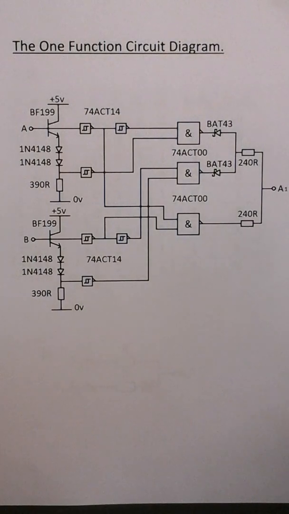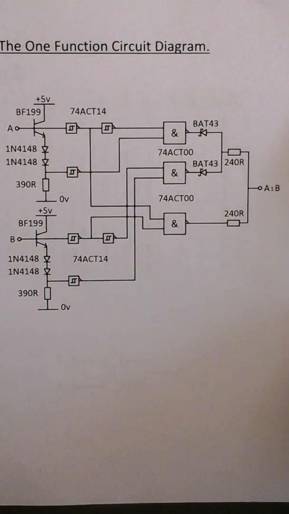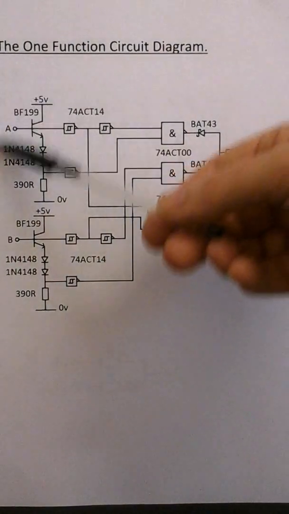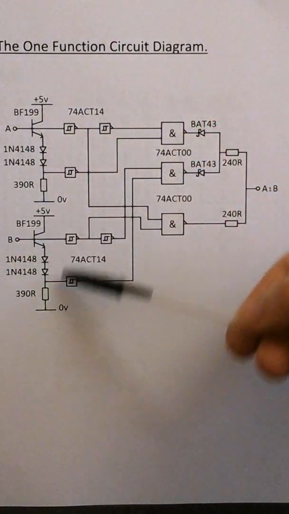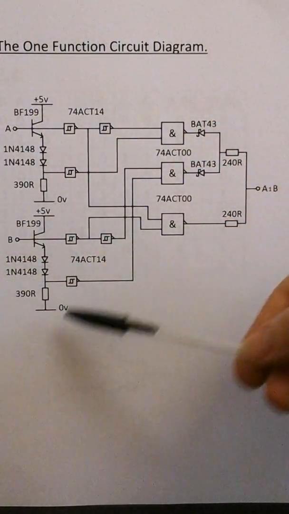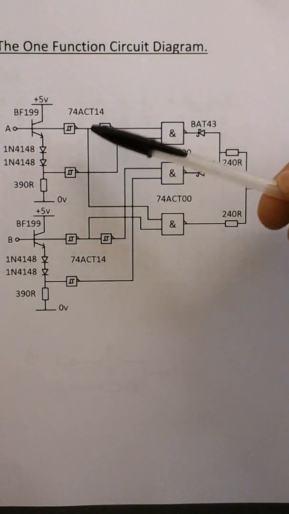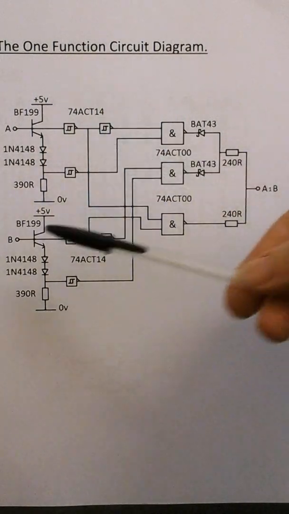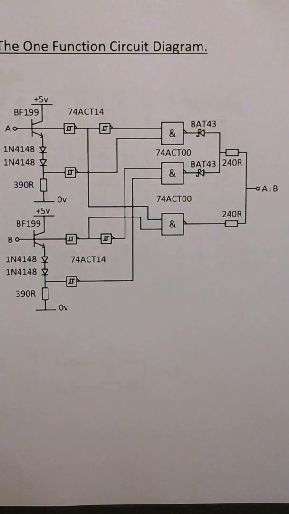Here's a one-function circuit diagram. Here we have, as before, the transistor diode resistor networks, which convert A into A1 and A2 and B into B1 and B2.